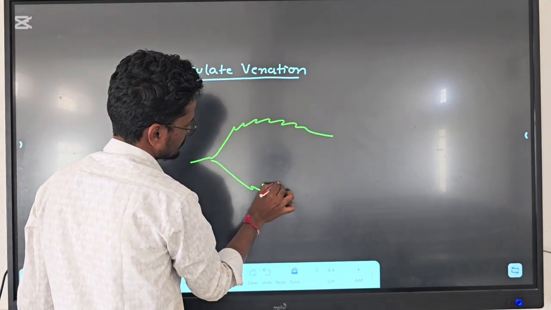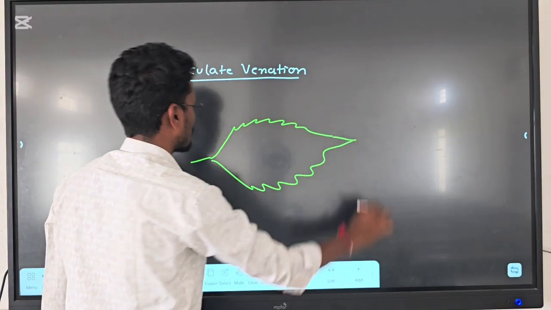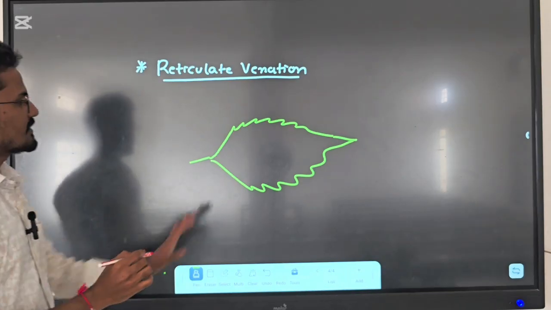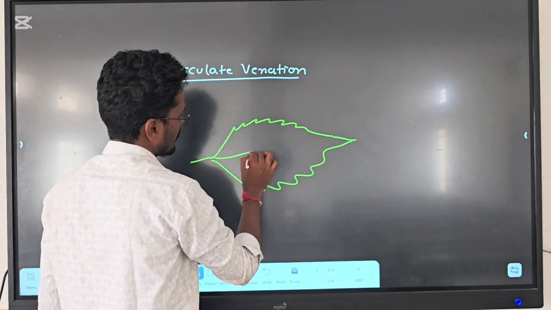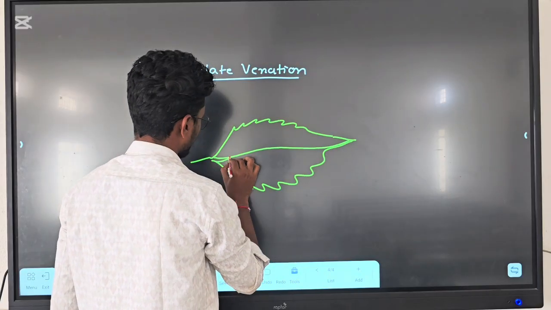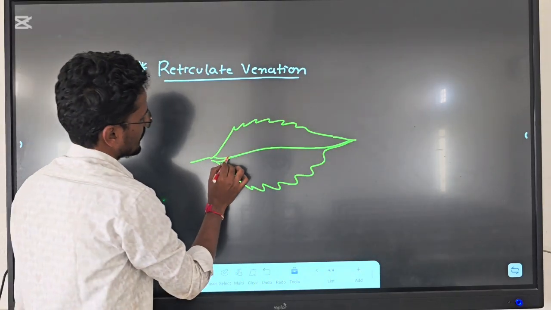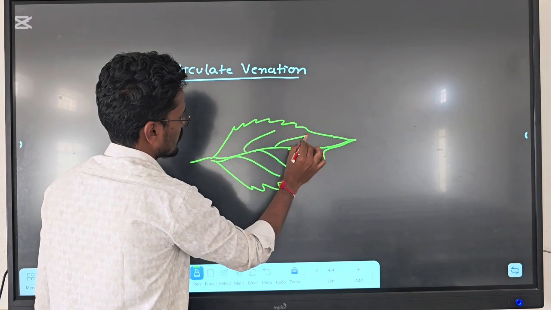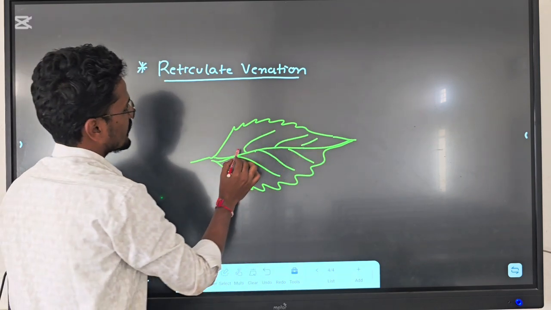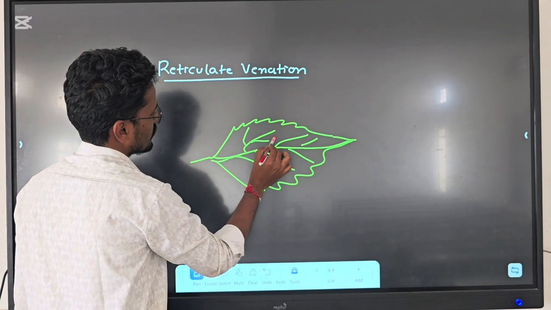In this leaf, this is the lamina portion. On this leaf there is one main vein. From this main vein secondary veins are going to arise. From these secondary veins, tertiary veins are going to arise.